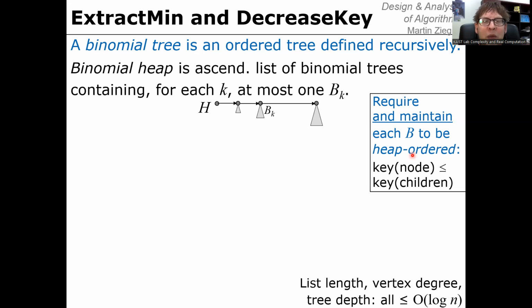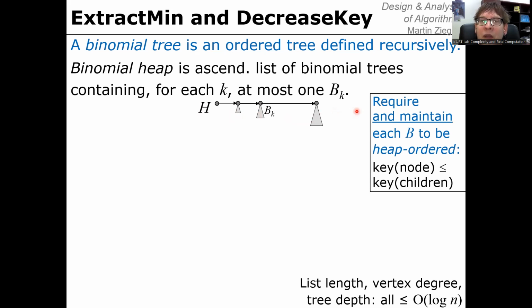Before finding the binomial tree which contains the smallest node, we first have to walk through the list to find which binomial tree has the smallest root. But fortunately, there are at most logarithmically many binomial trees within the binomial heap. So we're going to walk through the entire list and keep track of the smallest root we've encountered so far.